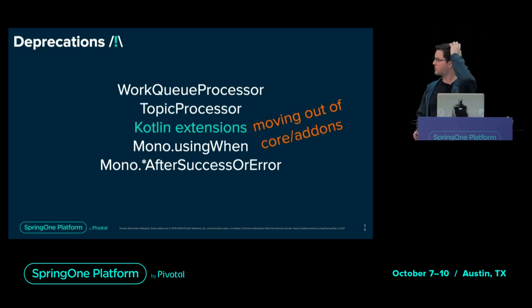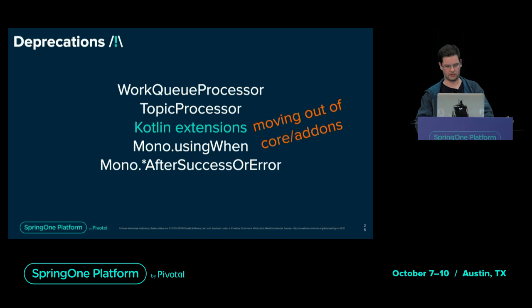Kotlin extensions also have been deprecated. They are actually moving out of core and add-ons to their own artifact, their own repository, Reactor Kotlin extensions. So you will still get access to Kotlin extensions for Flux, Mono, all that. It's just a new artifact to import.